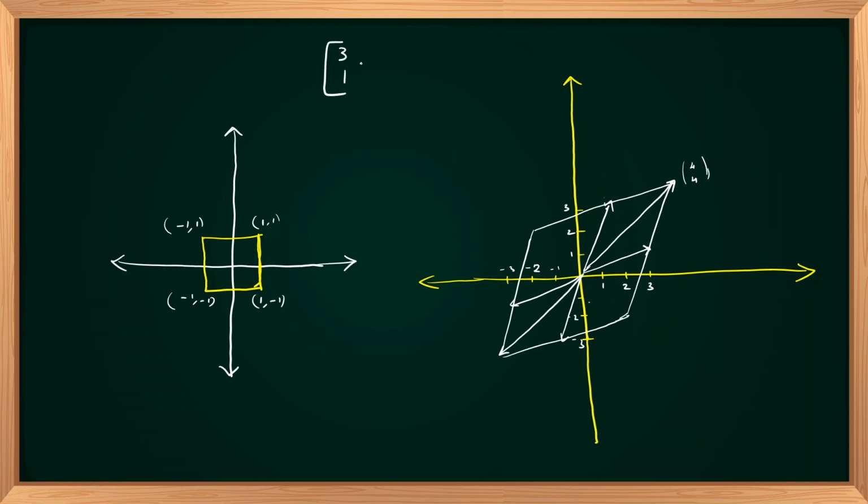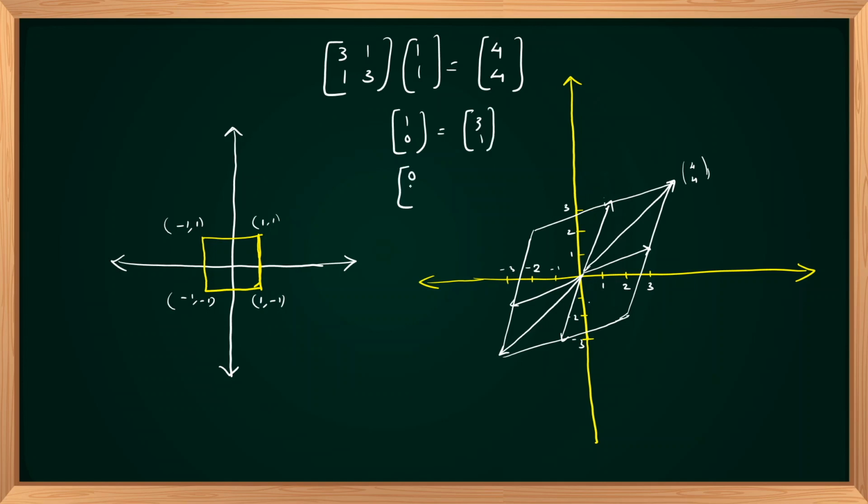So if [3, 1; 1, 3] operates on the vector (1, 1), the result will be (4, 4), correct? Because 3 into 1 plus 1 into 1 is 4, again 1 into 1 plus 3 into 1 is 4. Similarly, I can transform the point (1, 0) to (3, 1) and (0, 1) to (1, 3).